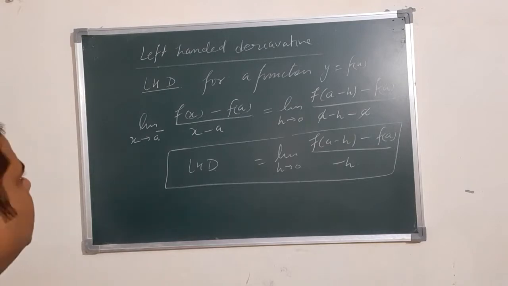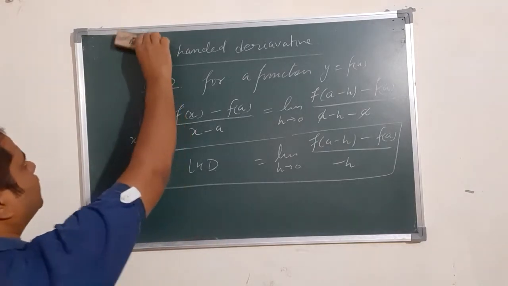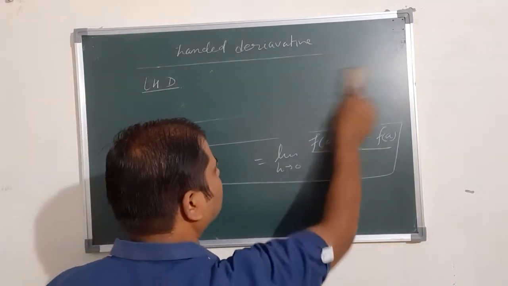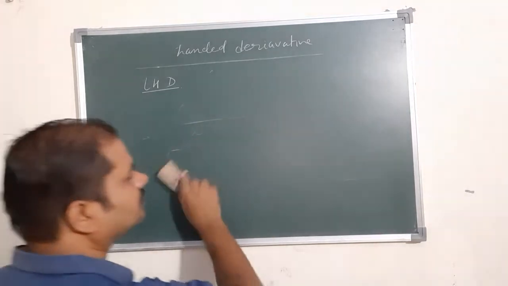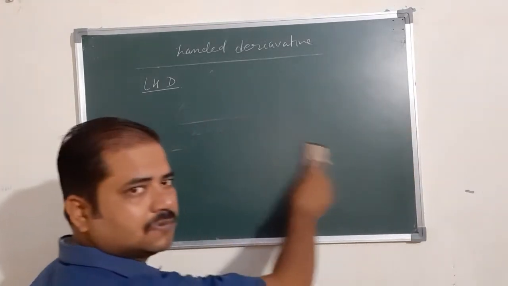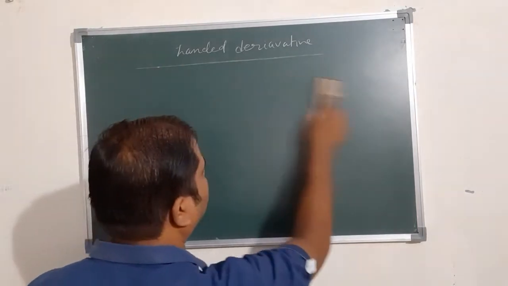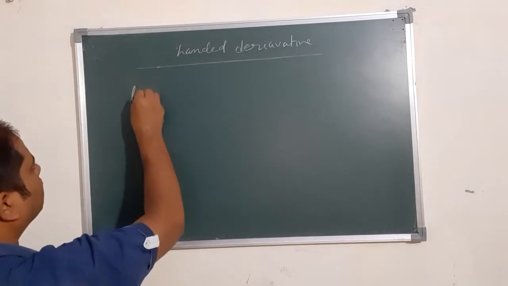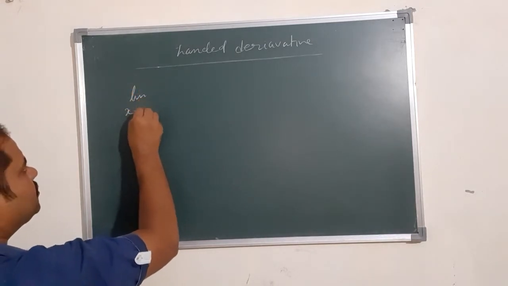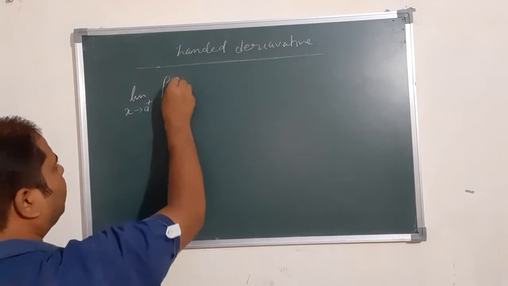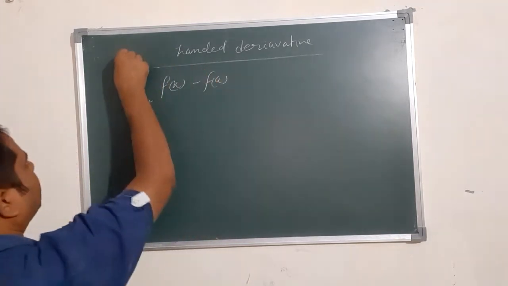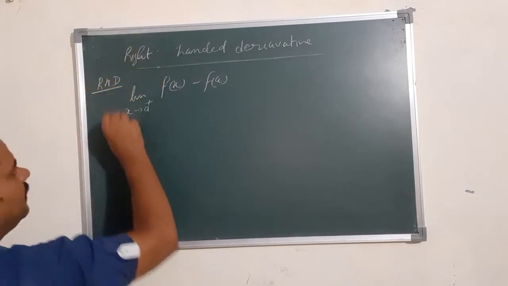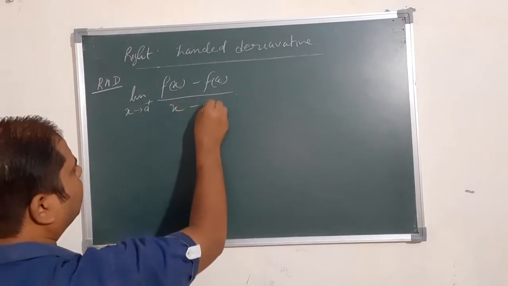Okay, now next is the right-handed derivative, that means RHD. So limit x tends to a plus of f(x) minus f(a), this is the right-handed derivative RHD, divided by x minus a.